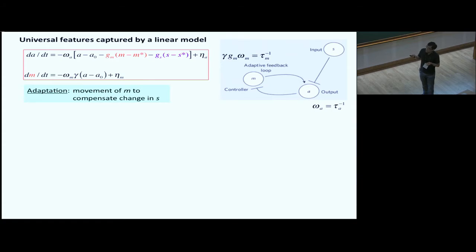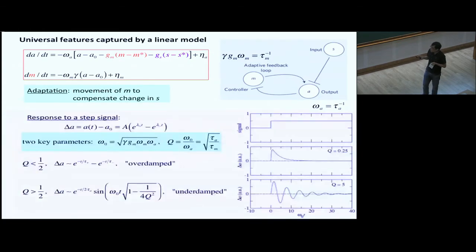So this is really the key to understand adaptation: the internal state will keep changing until this A that interfaces with the environmental variable comes to its original value.